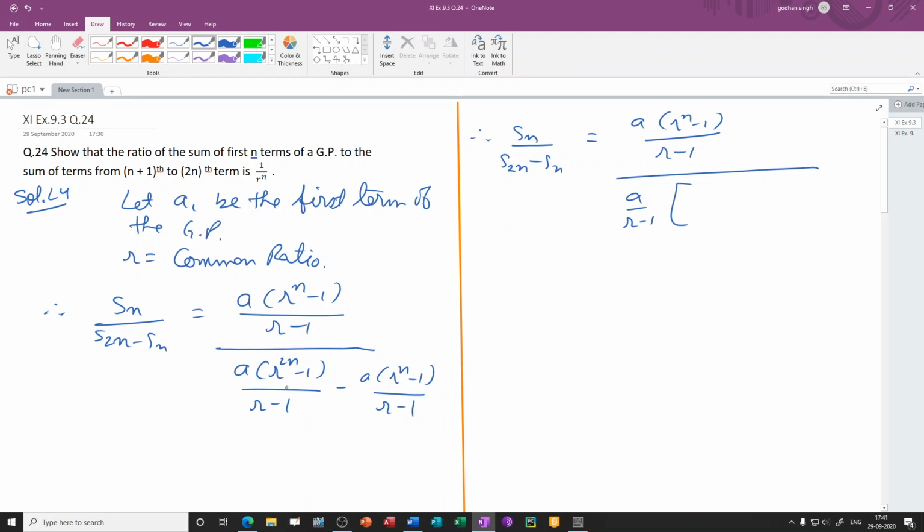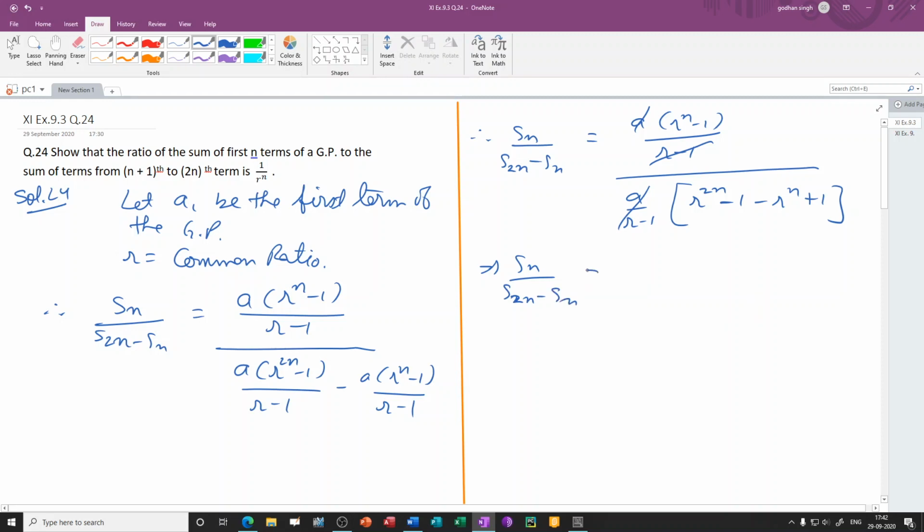And here what remains will be r raised to 2n minus 1. And if we take the minus into account, we will be getting minus r raised to n plus 1. So now we'll simplify this further. Here we can cancel this a over r minus 1, and here also a by r minus 1.